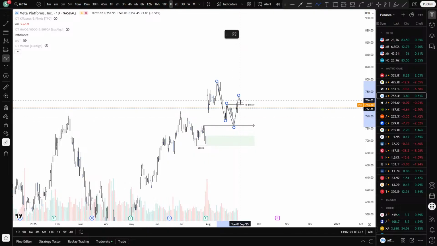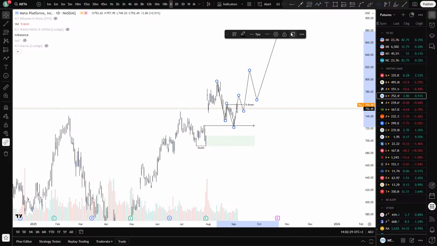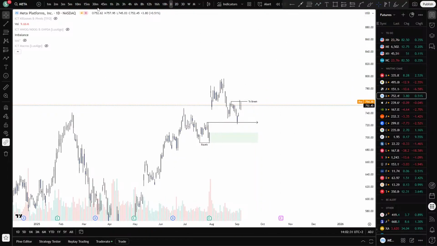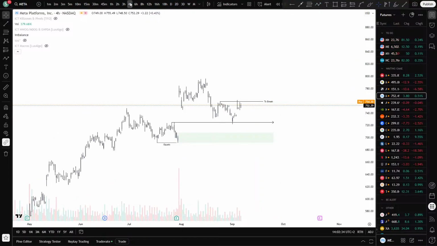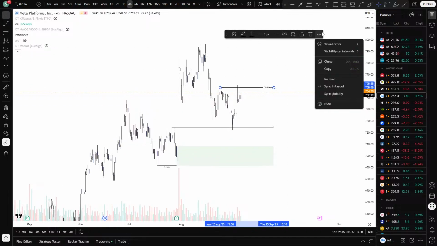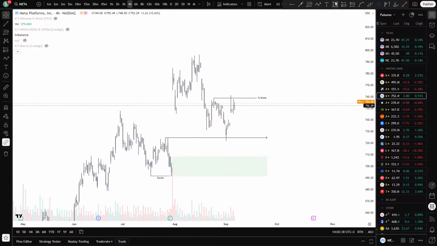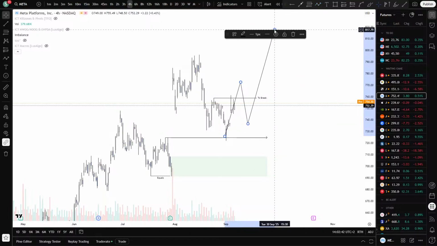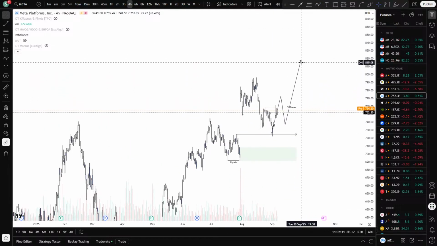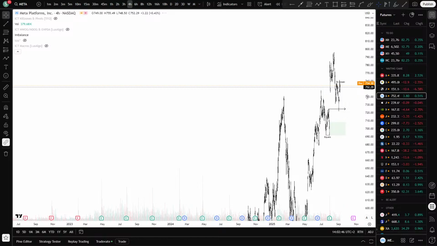If we're gonna break this, your rotation towards this high is likely, and from there you can continue your trend. So Meta is pretty easy. I'm looking for a break on this level. If we're gonna get a break on this level, I'm gonna look at local zones to put in an order for a trade towards the new highs.